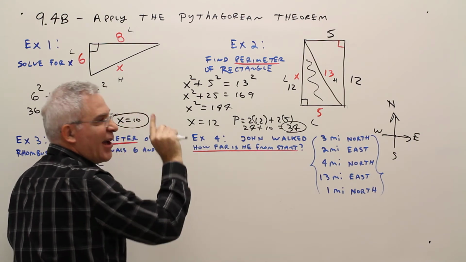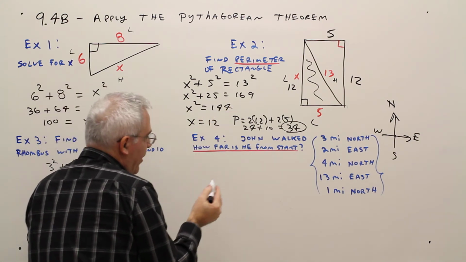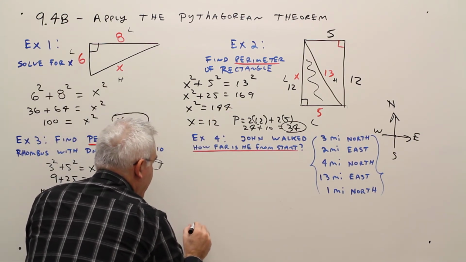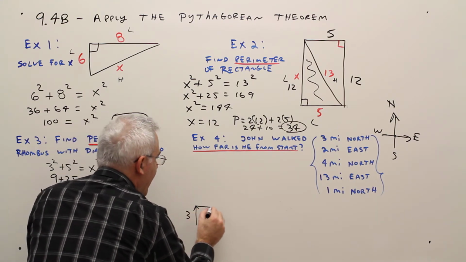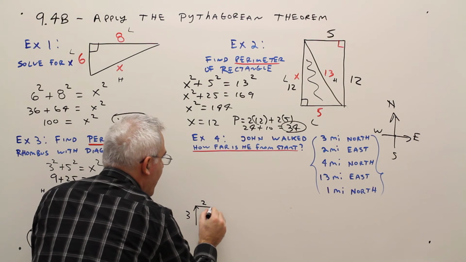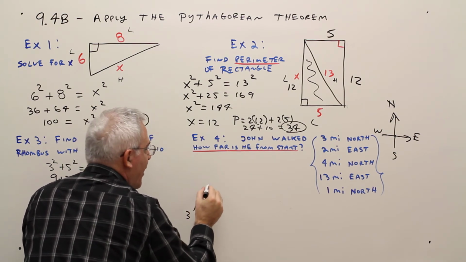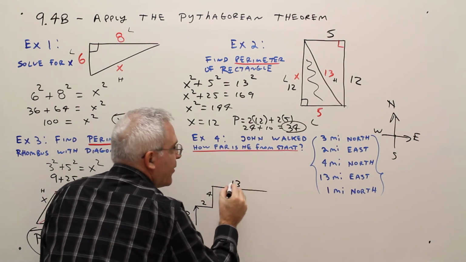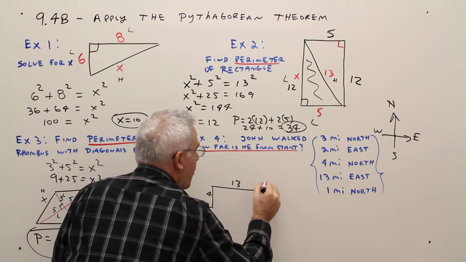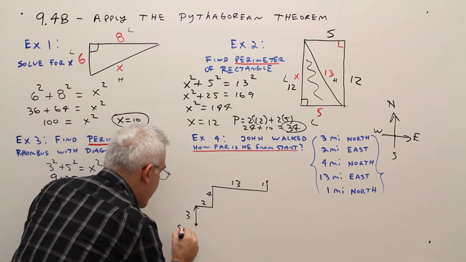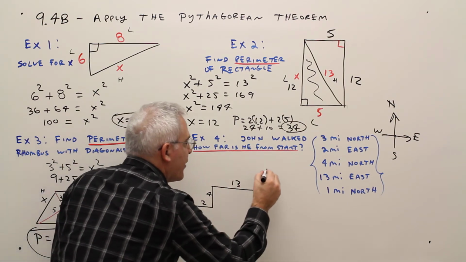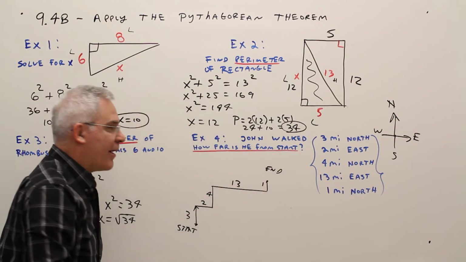So basically it's going up and to the right. All right, so I'll just do a quick little drawing here. So he went 3 miles that way, 2 miles that way, 4 miles that way, 13 miles that way, and 1 mile that way. And basically what we're going to know is the distance from the start to the end.